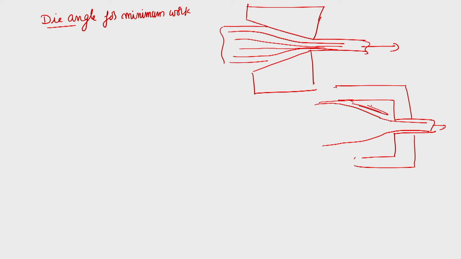So here you will find a dead metal zone. A large amount of energy will be spent on this redundant work with the high die angle. But the frictional force will be reduced considerably. So these two opposing trends come.